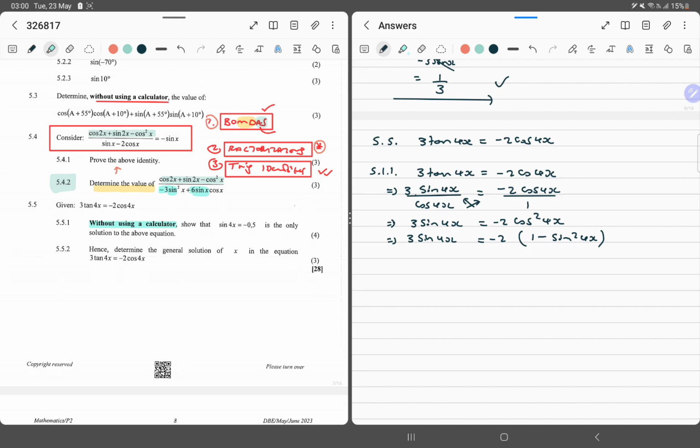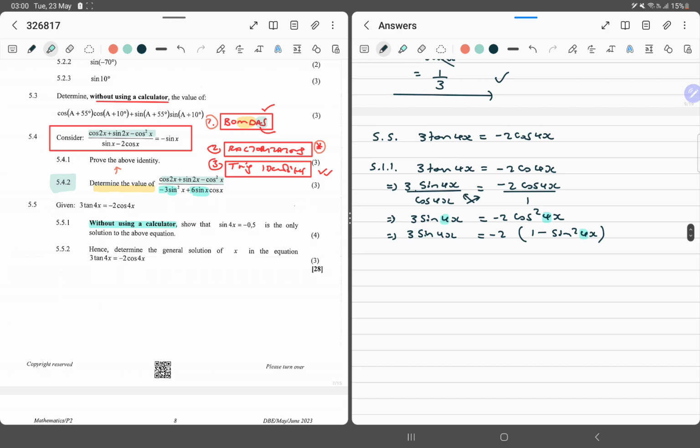But the only smart thing is that we're using 4x instead of just any x. Remember, that is the story. And then we simplify: 3 sine 4x is equal to minus 2 plus 2 sine squared 4x.